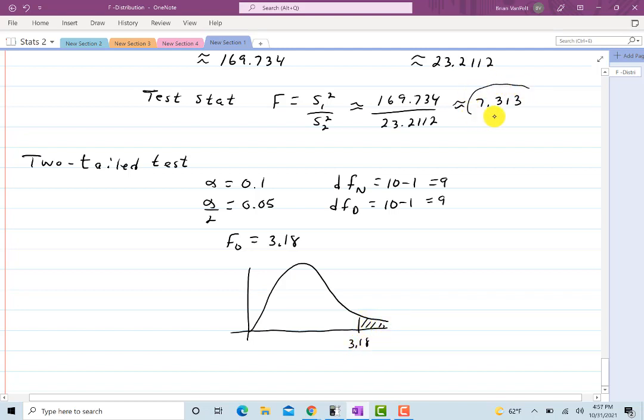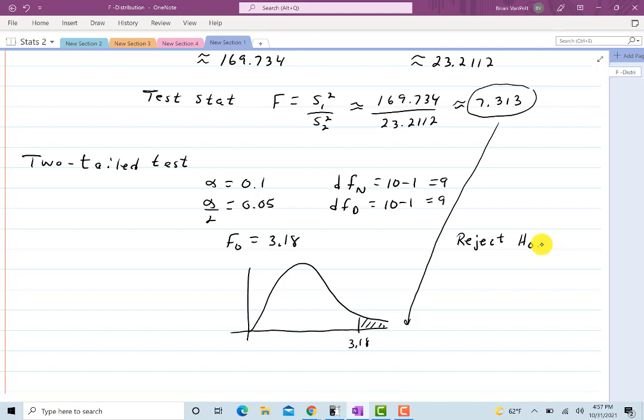And we can see that our test stat is buried deep into there. And so we reject H0. That means it does look like their standard deviations or their variances are actually different from each other.